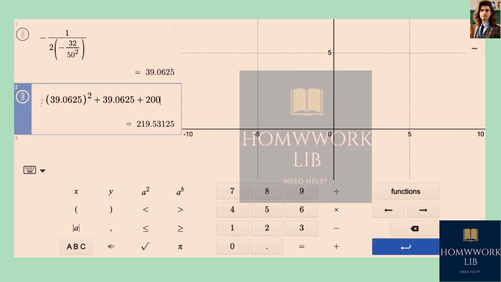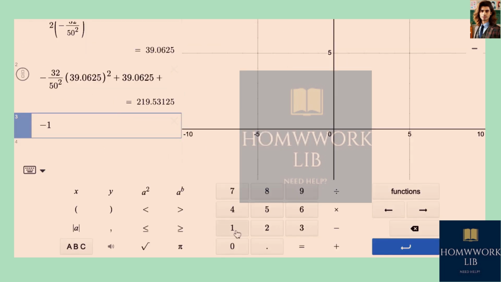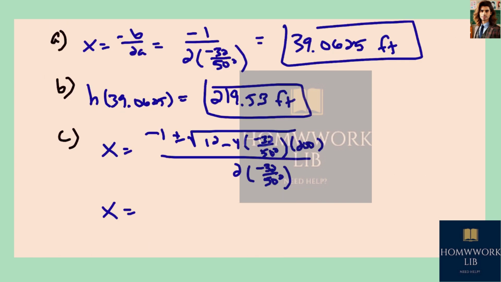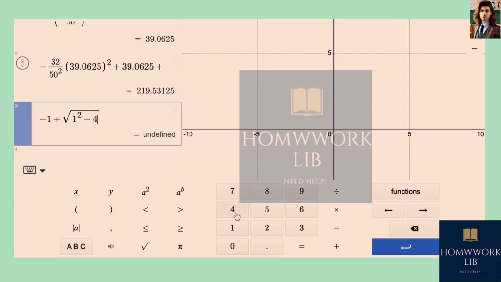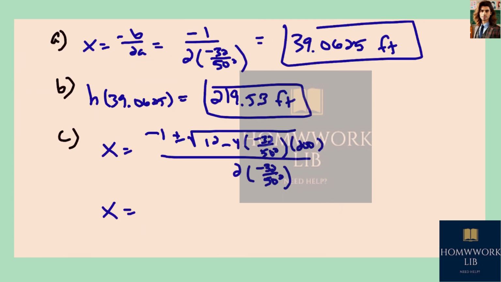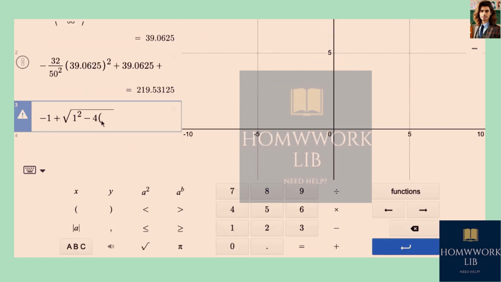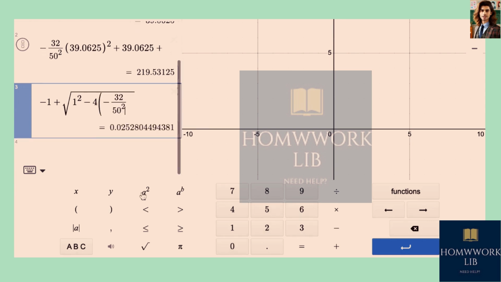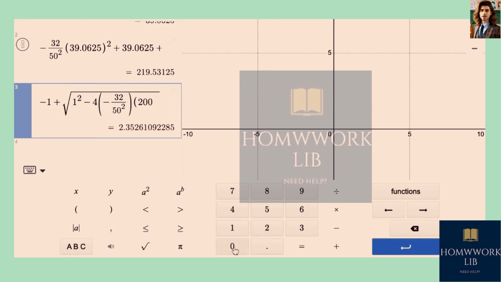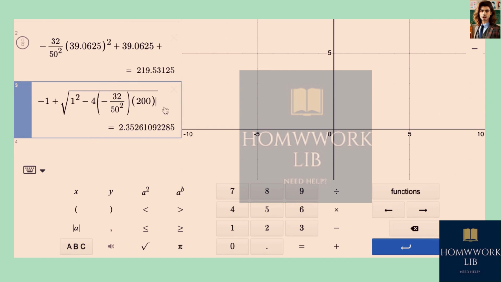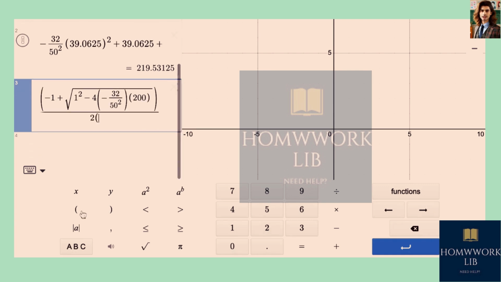Negative 1 plus the square root of 1 squared minus 4ac, all over 2a.